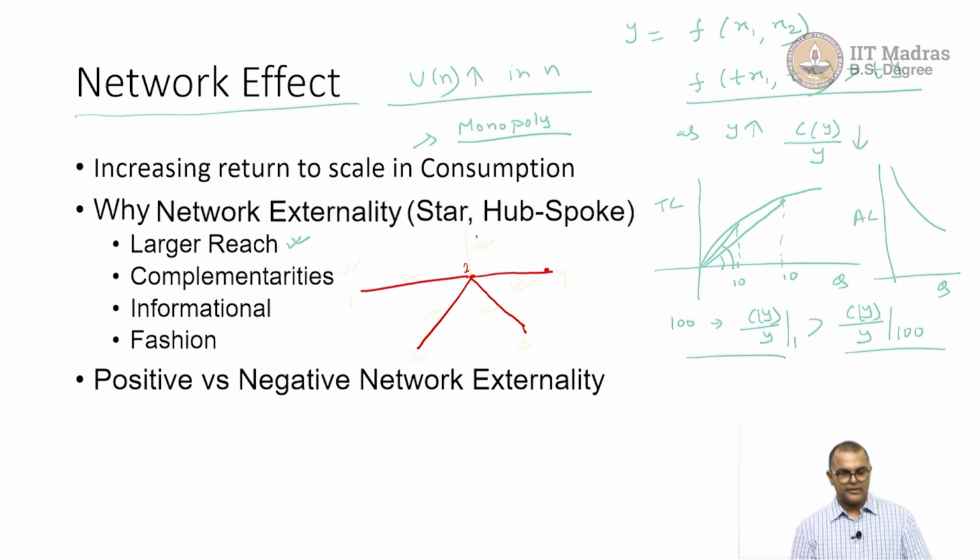That the presence of X increases the utility from Y, and then X and Y would be complements. So similarly, in a hub and spoke, different components would bring different things, and it would be beneficial for everyone. So complementarities improve whenever you have a network effect.